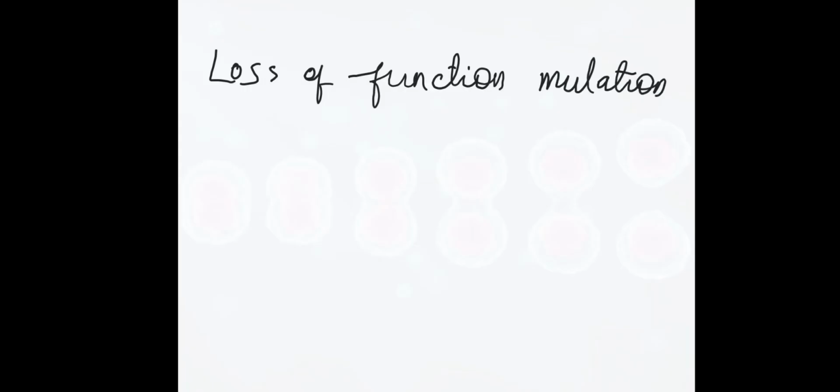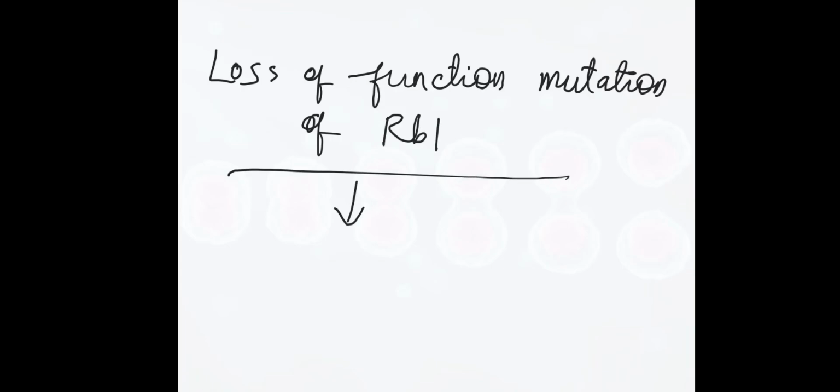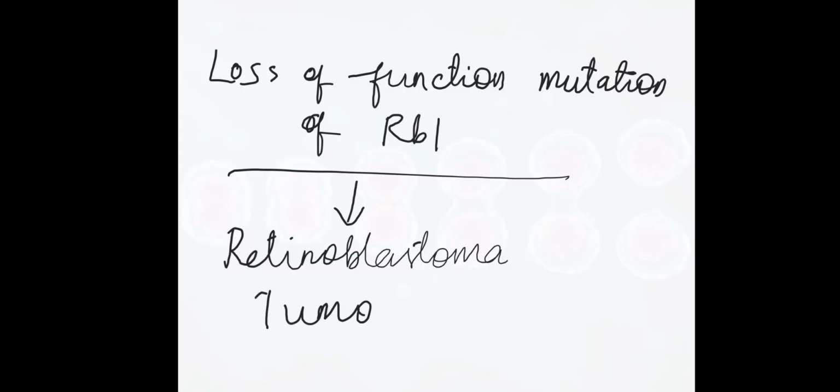So loss of function mutation of the Rb1 gene is associated with retinoblastoma and other tumors. So loss of function mutation of the Rb1 gene leads to retinoblastoma and many other tumors.